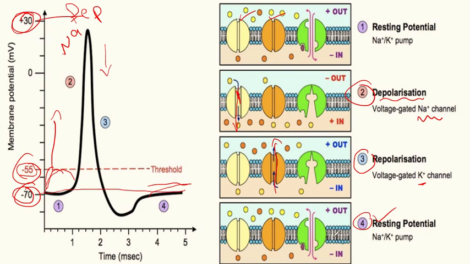So what's going to cause it to go back to the same state is the sodium potassium pump. By using energy, ATP, it is going to make it back to the resting potential. And this is how action potential happens and how the nerve impulse travels from one neuron to another.